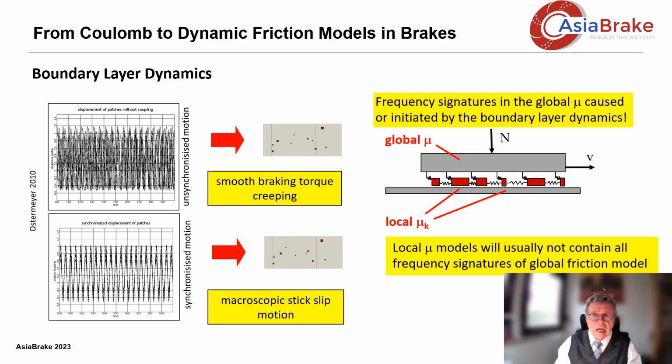Two extreme examples are plotted here, ranging from a fairly smooth friction signal to macroscopic stick-slip behavior. The frequency signals can reach resonators in the brake outside the boundary layer or in the axle, and thus initiate a macroscopic NVH signal.